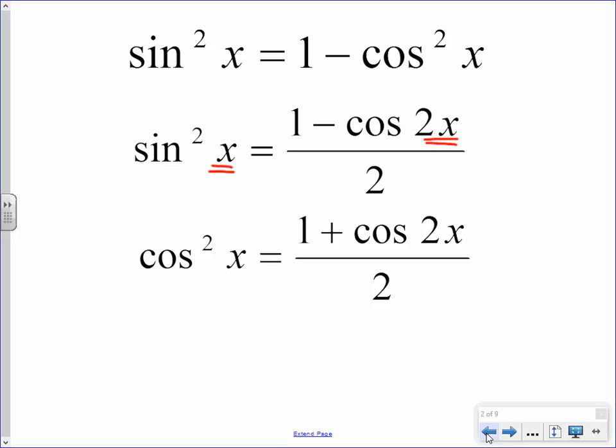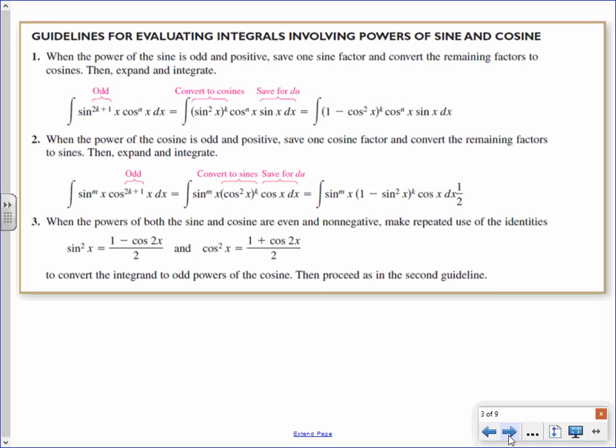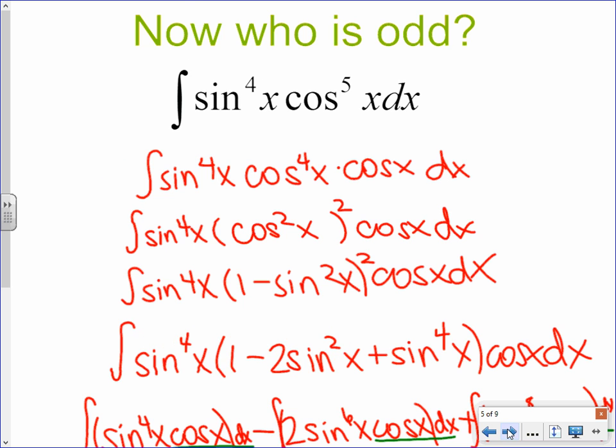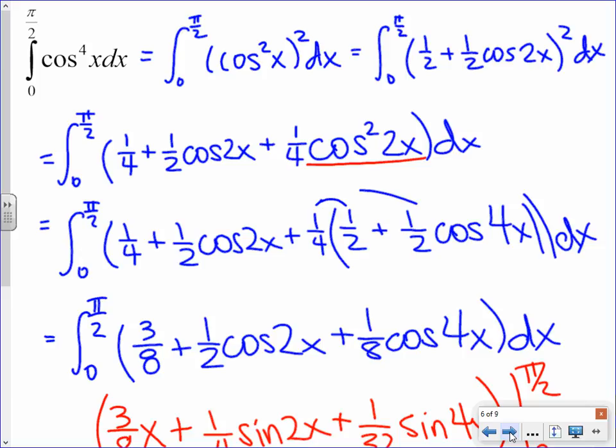Regardless, both power reducing formulas are in terms of cosine, and so if both of them are even powers, then you can do the power reducing formula similar to what we did for cosine to the 4th, and then keep going with the power reducing formula until you have everything in terms of just cosine to the 1st power. You'll see a couple of these types. When we get into tomorrow's stuff, we'll be doing a lot of cosine squared that we'll have to do the power reducing formula for.